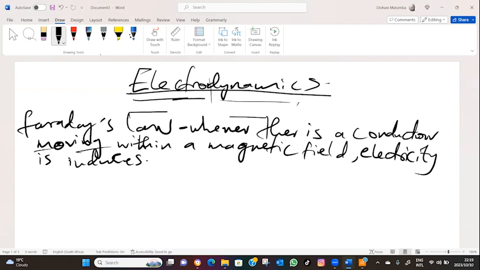So we have three factors here. We have the movement or the force. We have the magnetic field.